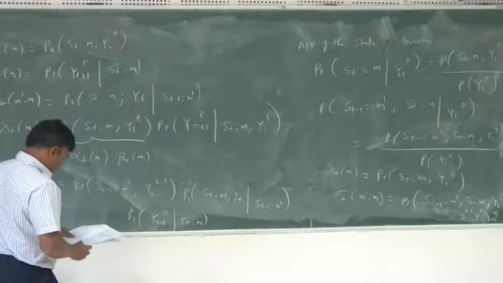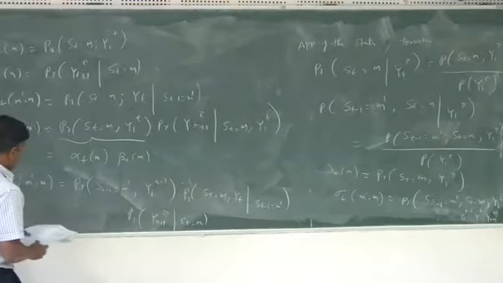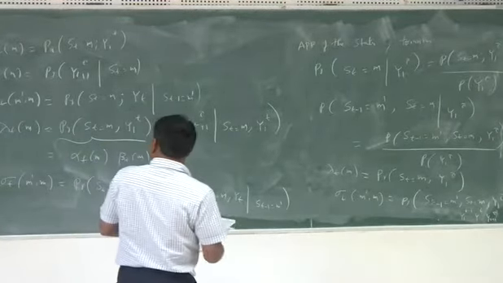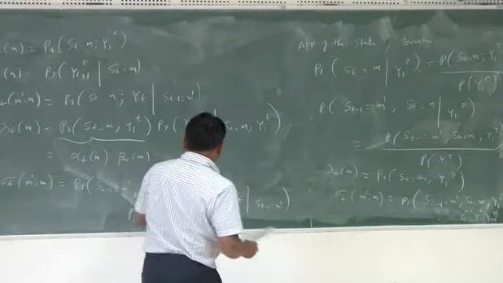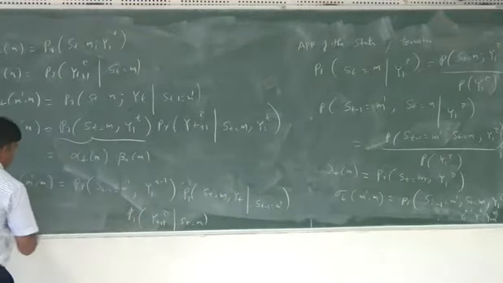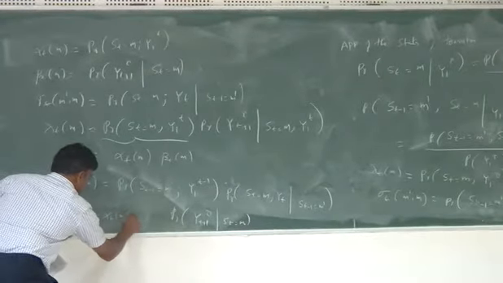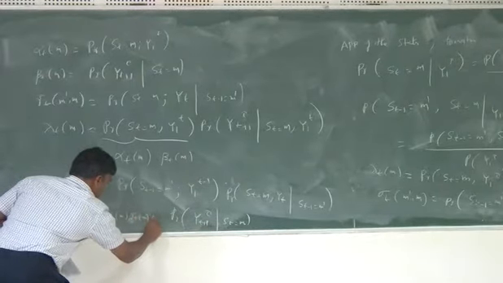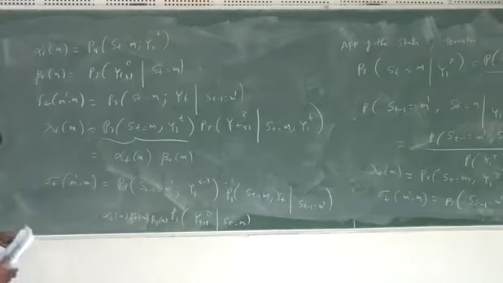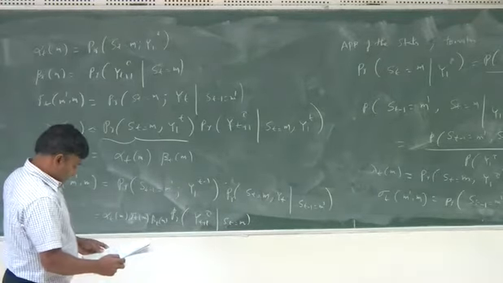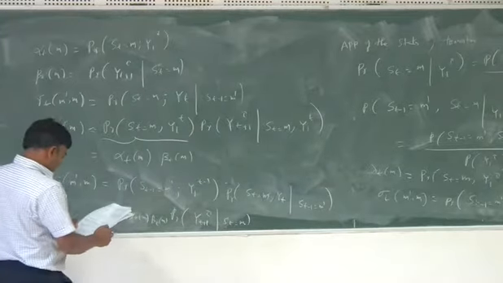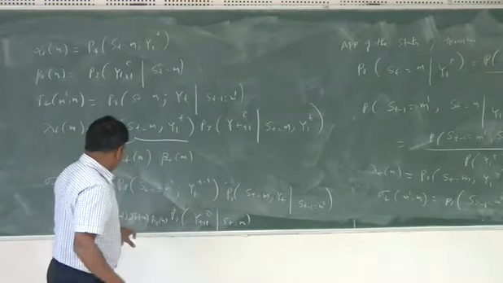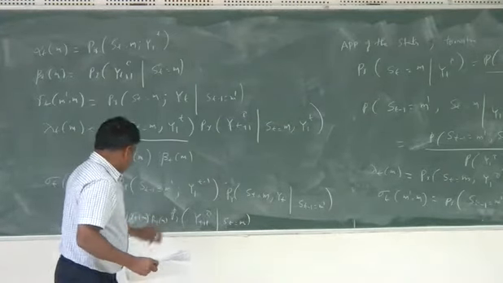And that is basically equal to alpha t minus 1 of m prime, gamma t of m prime comma m, and beta t of m.